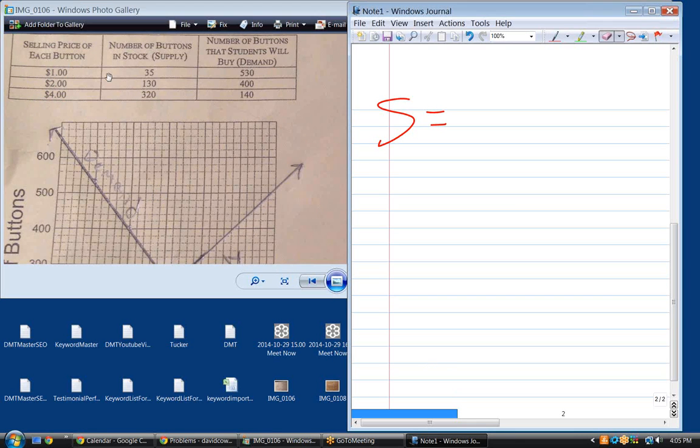So, let's talk about slope first of all, with the supply line. Slope is what? Rise over run, right?